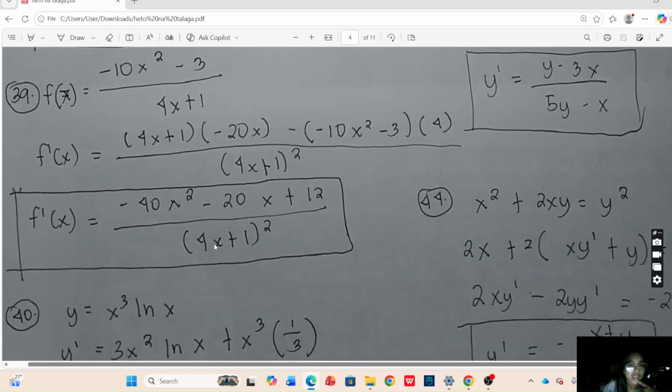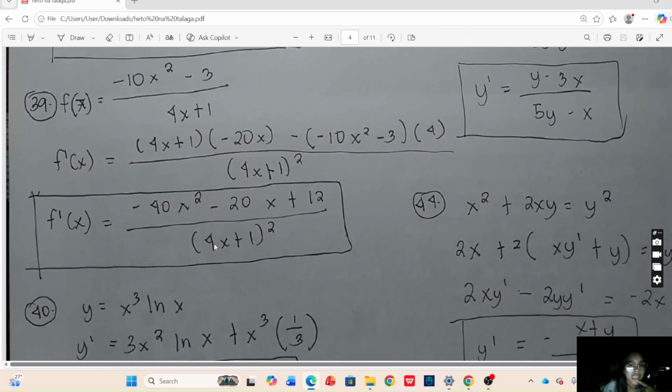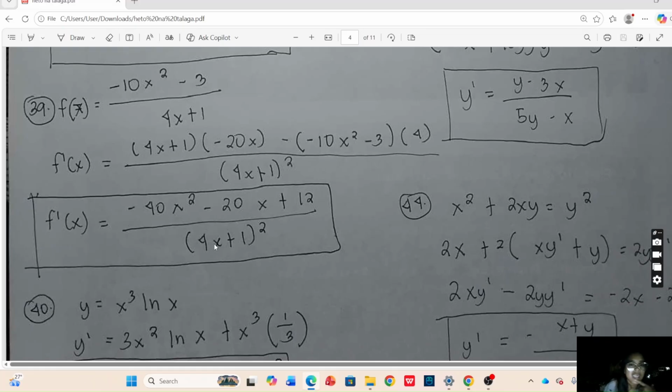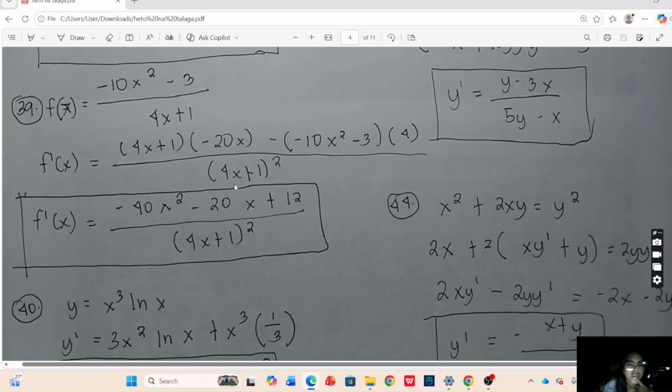Let's go directly with number 39, since some of the problems are the same. We have the function negative 10x squared minus 3 divided by 4x plus 1. So we'll use the quotient rule, which is VDU minus UDV.